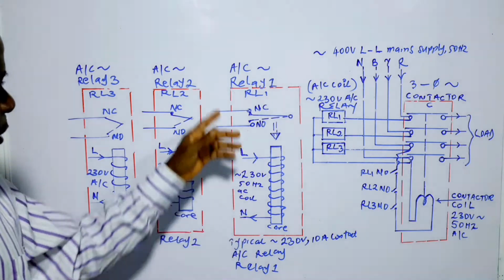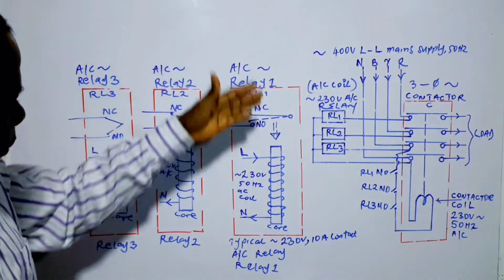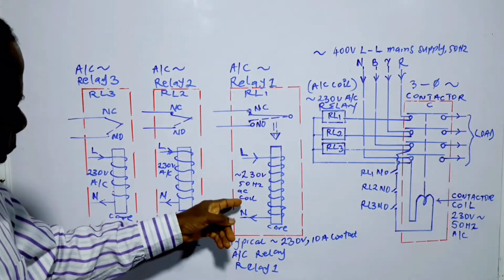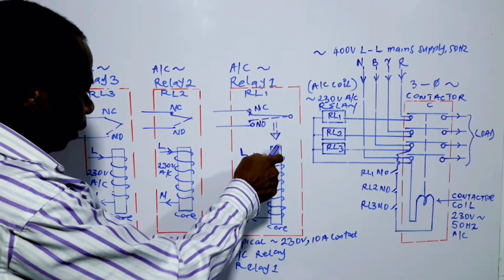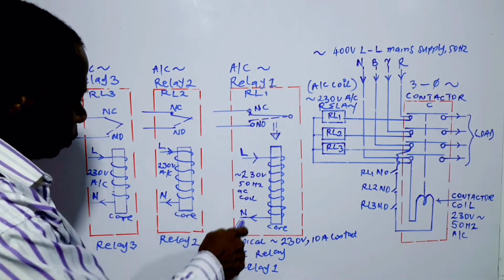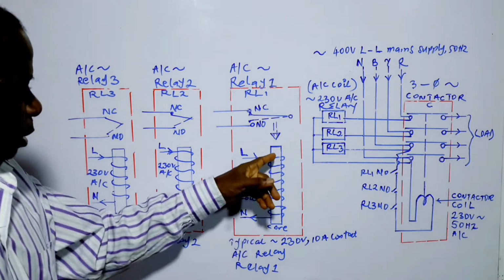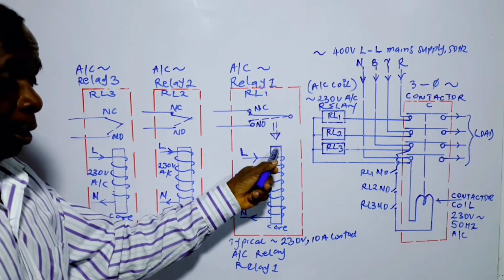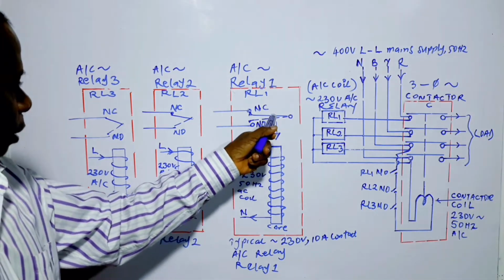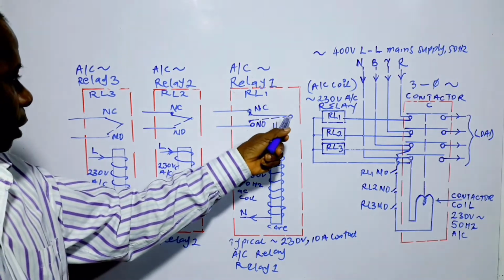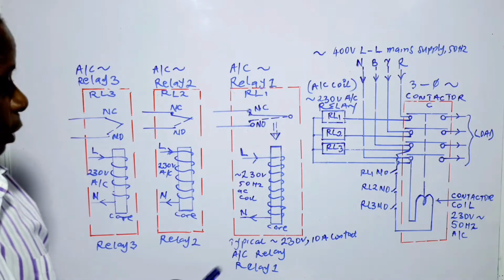This is a relay. It is only when power is supplied to the relay that it will function. This is a soft iron core. When 230 volts alternating voltage is supplied to the coil, the soft iron core becomes a magnet, and it pulls or operates the contact of the relay.